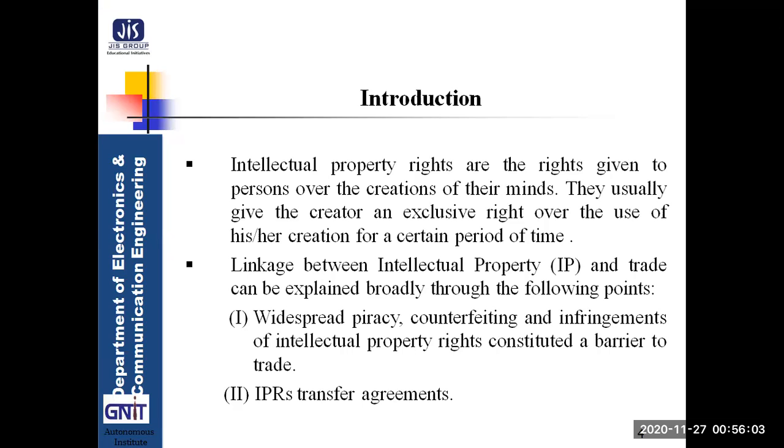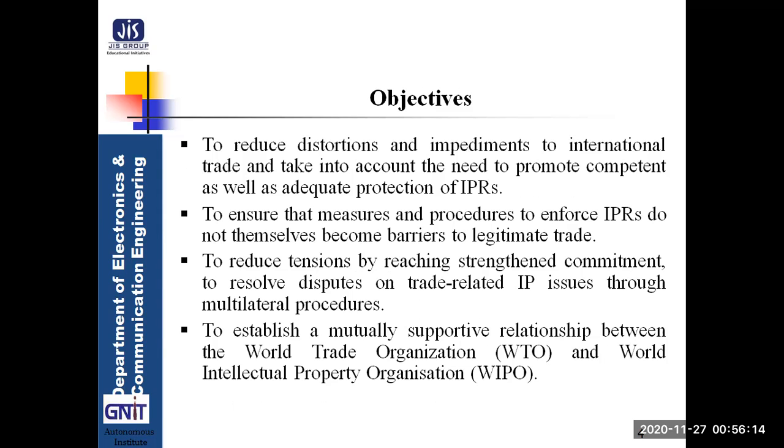First, widespread piracy, counterfeiting, and infringements of intellectual property rights constituted a barrier to trade. The objective of TRIPS is to reduce distortions and impediments to international trade and take into account the need to promote effective as well as adequate protection of IPRs.